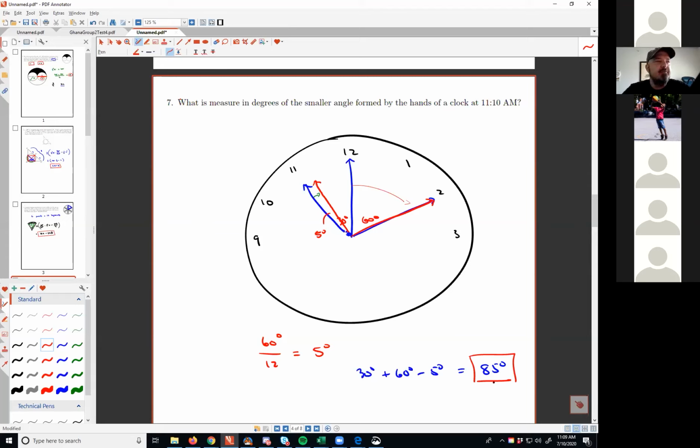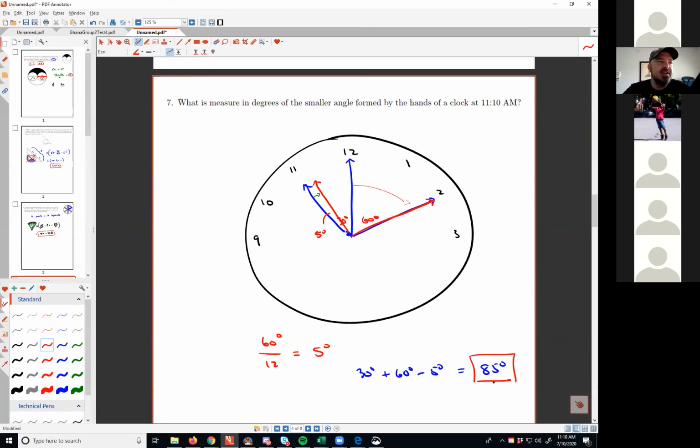You know, I bet a lot of people thought about this in terms of rates, like how many degrees does the clock move per minute? Did anybody solve the problem that way? How many degrees does the minute hand move every 1 minute? 6 degrees.